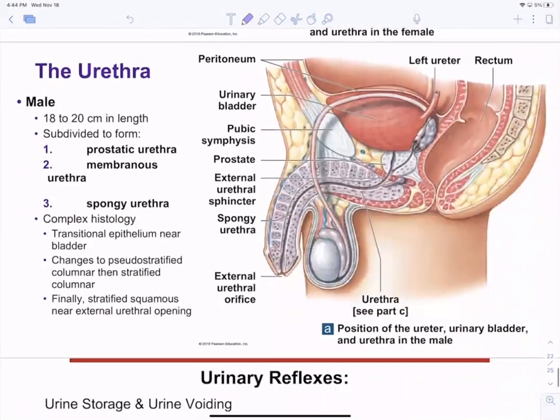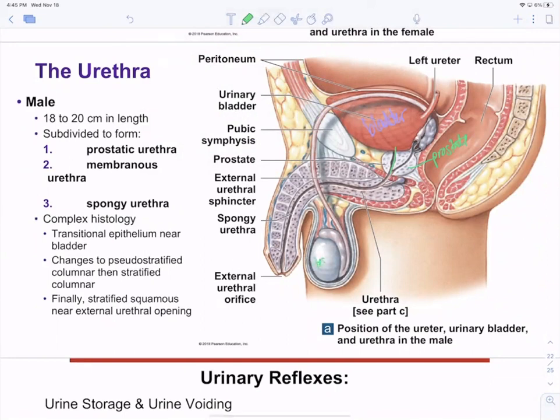Now in the males, a little bit different, right? You have the bladder here, and the urethra actually goes through the prostate gland, as well as the ductus or vas deferens.